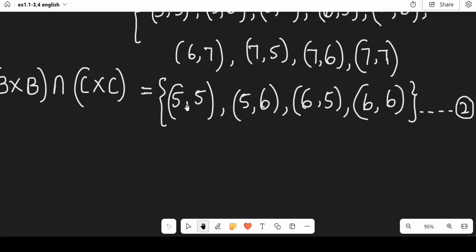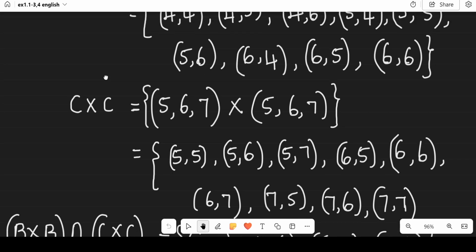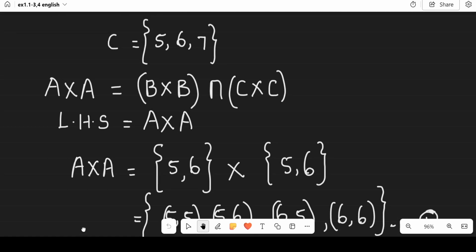So we proved that equation number 1 equals equation number 2. So we have proved that A cross A equals B cross B intersection C cross C. This is all about the fourth problem.